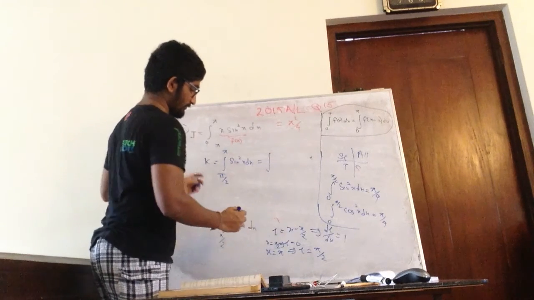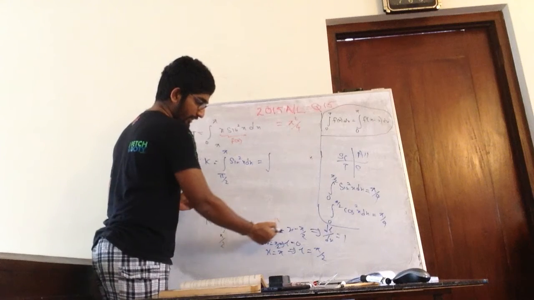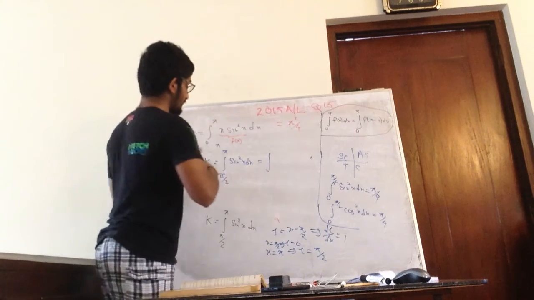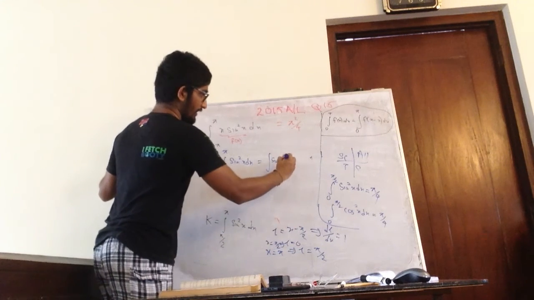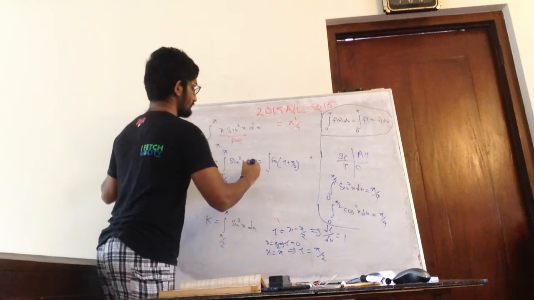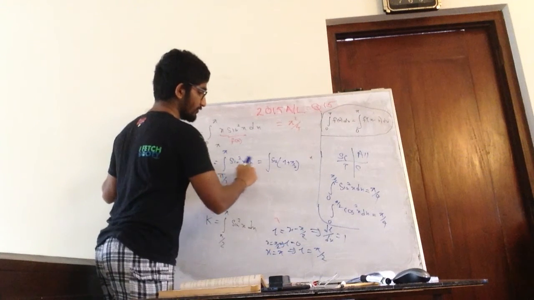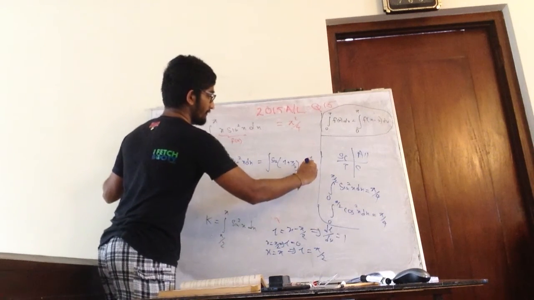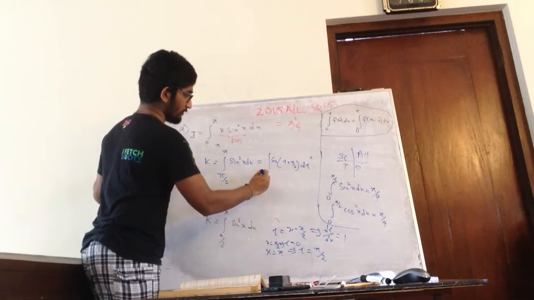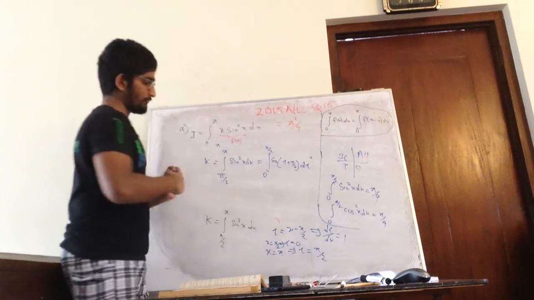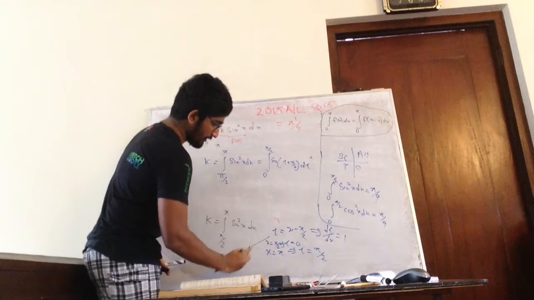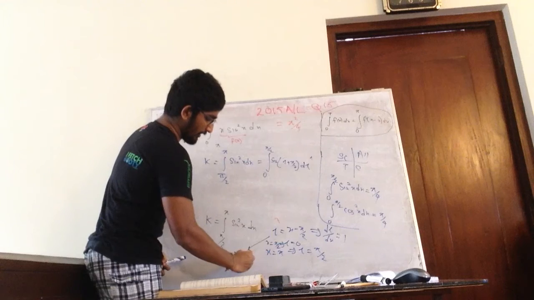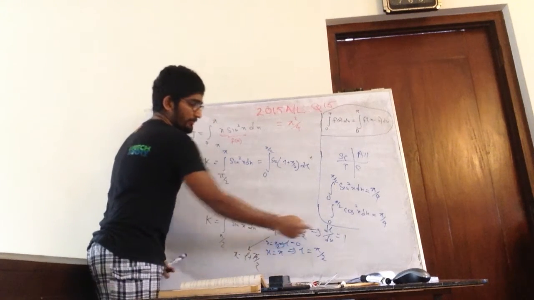So x will be L plus pi over 2, and sine x will be sine of L plus pi over 2. Then dx is going to be dL, and the limits are 0 to pi over 2. So I took x as L plus pi over 2 and dx becomes dL.